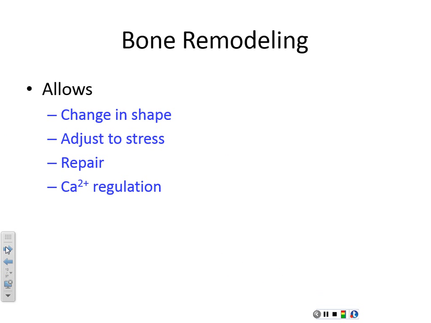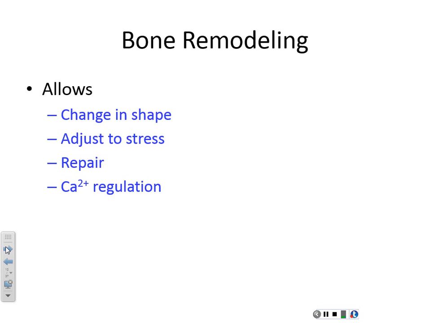So remodeling, we talked about it. Bone is a solid thing, so you have to be able to break it down and reform it. Otherwise, if it gets damaged, you won't be able to repair it. So if I ever ask about the significance or importance of remodeling bone, you talk about repair and being able to adapt.